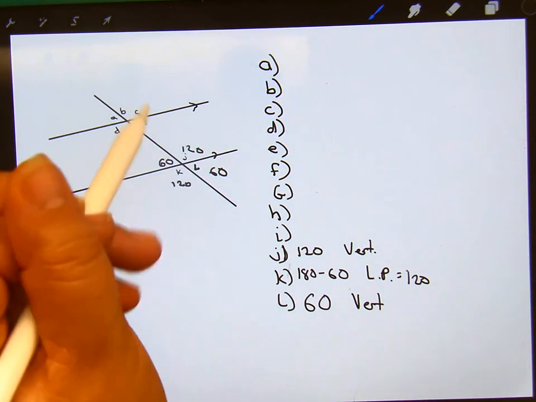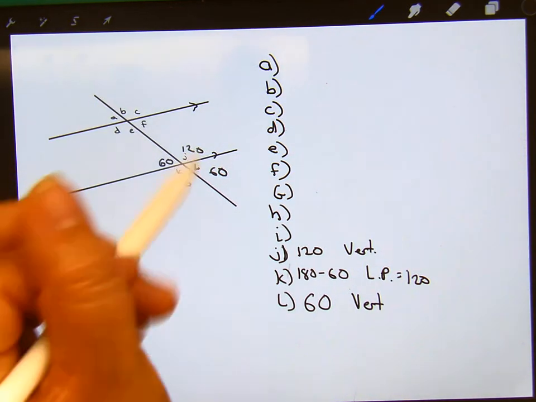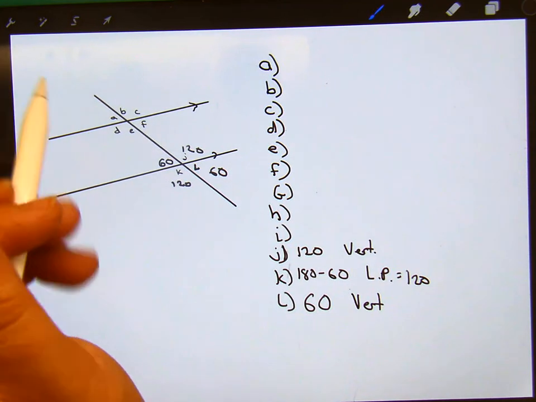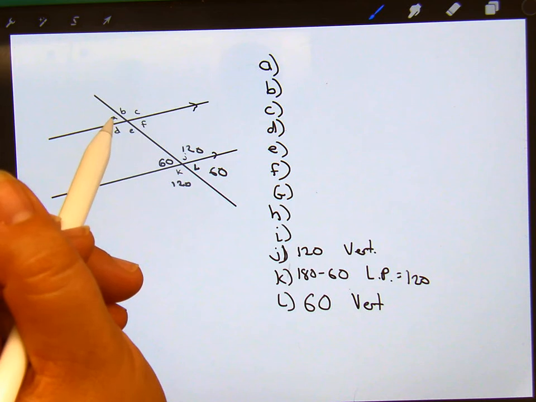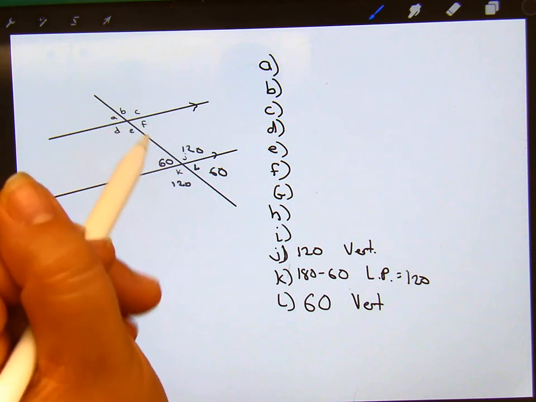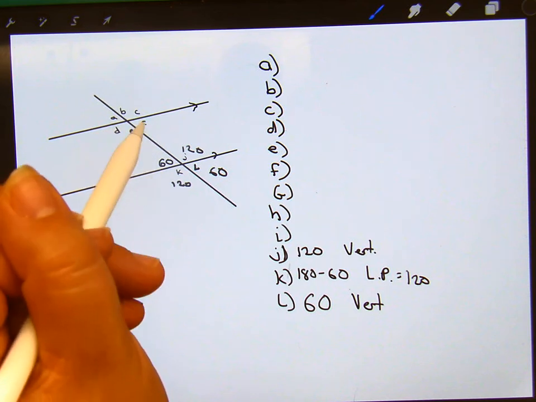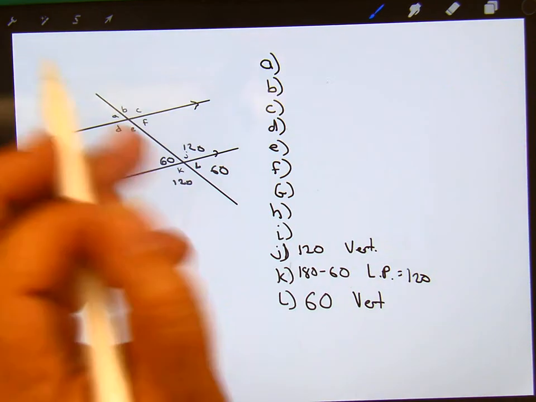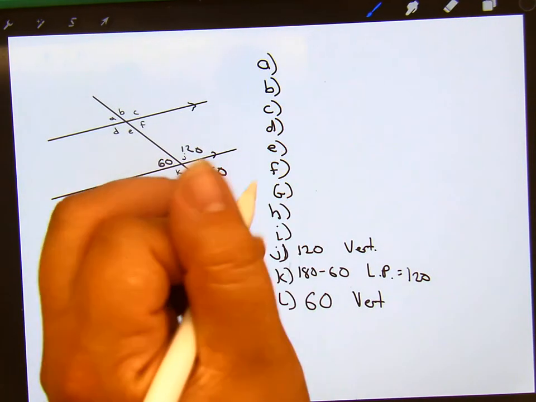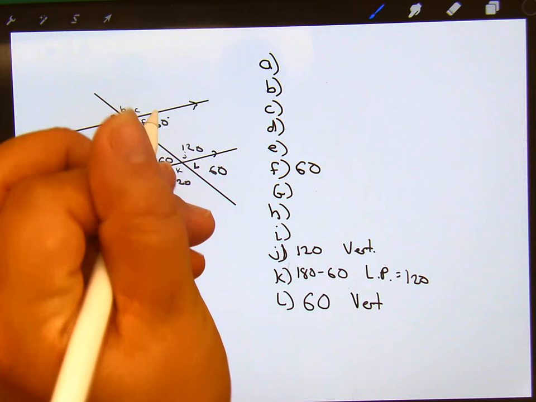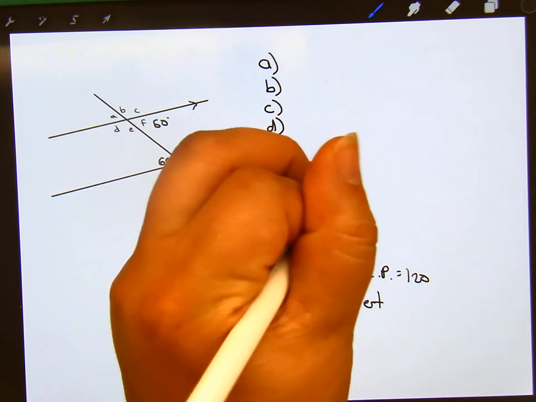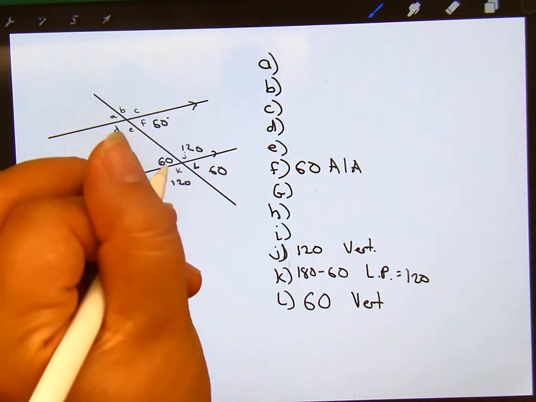Now there are obviously multiple ways that we could start figuring out these other angles. Let's start with at least F and A. We'll do this one as an alternate interior angle. So that means F has to be equal to 60 degrees because it is an alternate interior angle to my angle there.